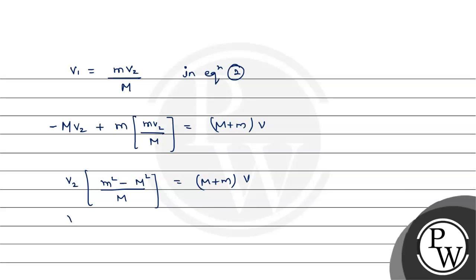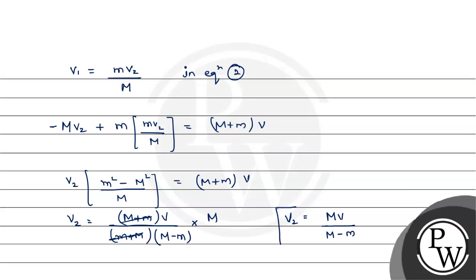Now solving it, we get v2 equal to M plus m times small v over M square minus m square. Writing M square minus m square as M plus m into M minus m, M plus m cancels out. We get the value of v2 equal to capital M v over capital M minus small m.